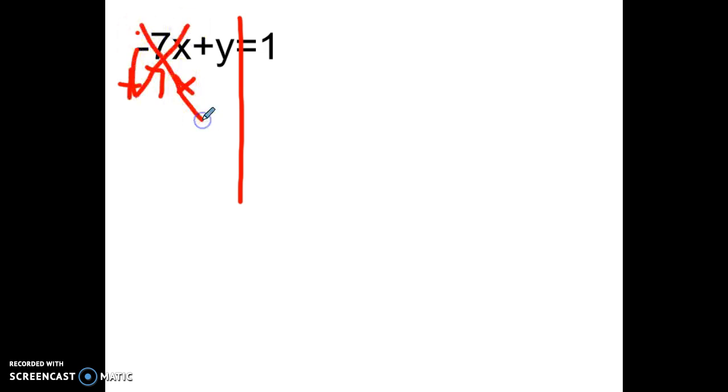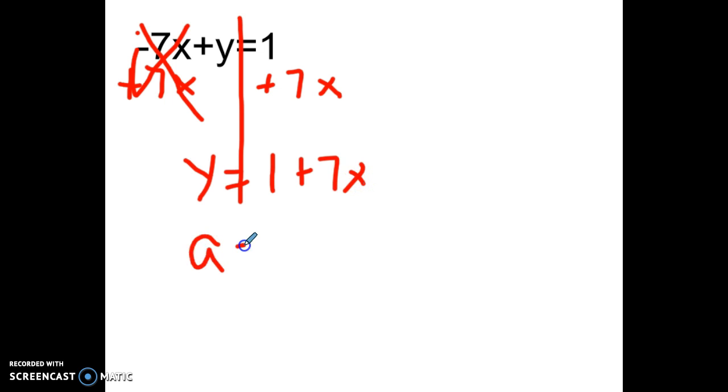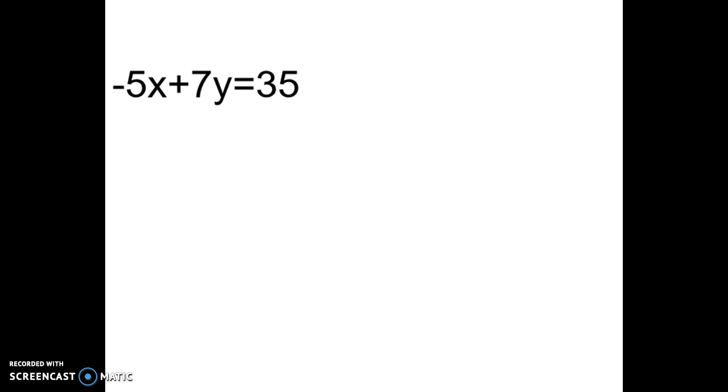That cancels out, and I need to add 7x over here. So then I'm left with y equals 1 plus 7x. My slope is 7. My y-intercept is 1. All right. This problem will help you do number 5 on your worksheet.